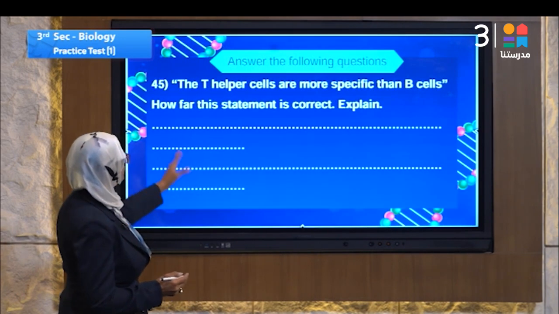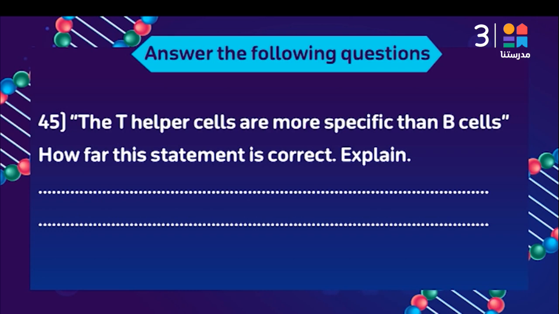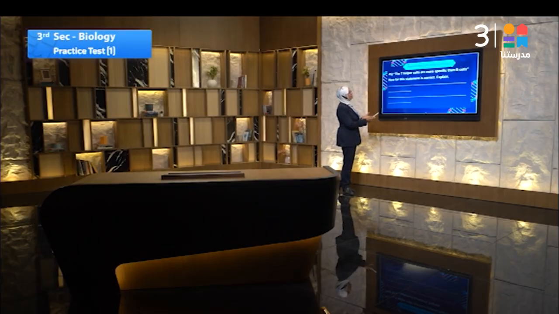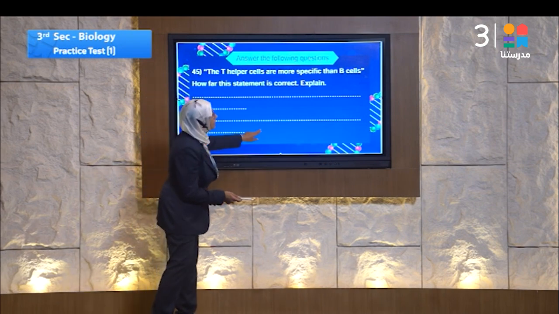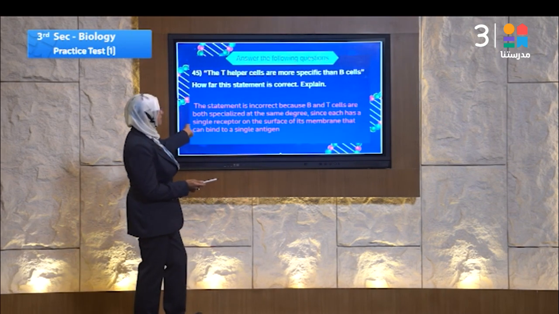This question speaks about the statement: T helper cells are more specific than B cells. How far is this sentence correct? And then explain. T helper cells are more specific than B cells? I think it's not correct. They are both specific. One of them is specific in its function and the other is also specific in its function. Let's write and explain.